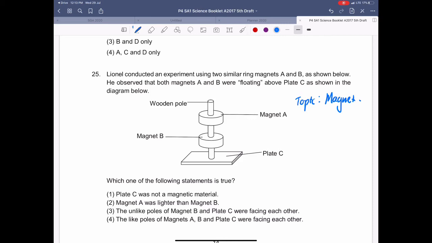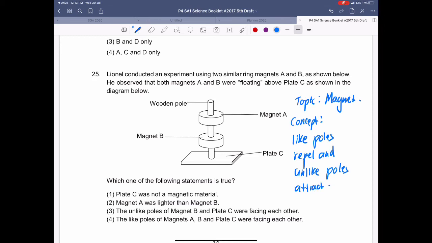So the only way that magnets can float is where they are like poles and they are repelling against each other. So the concept that they are testing you would be on like poles repel and unlike poles attract. Very good. So this is the concept.